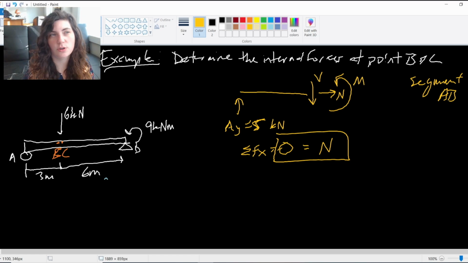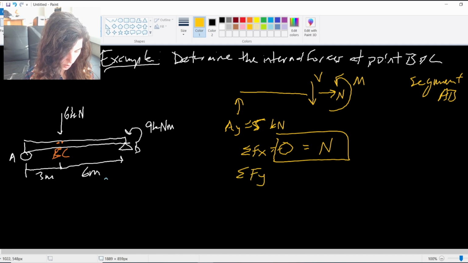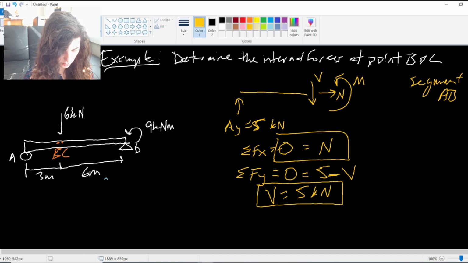So normal force is 0, there's no axial force running through the beam. Next, I can do my sum of y forces equals 0, which will be my AY, so 5 kilonewtons, minus V. So V equals 5 kilonewtons, right?